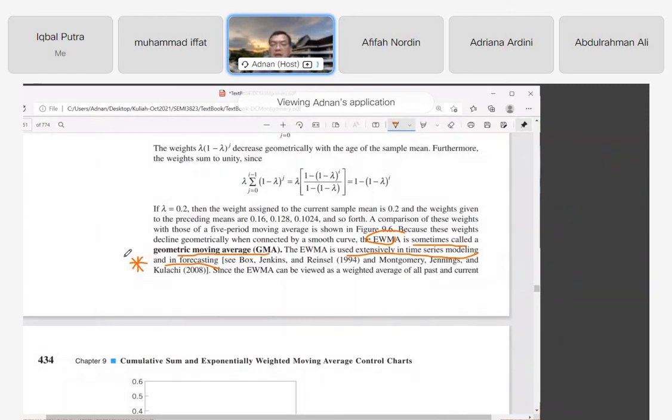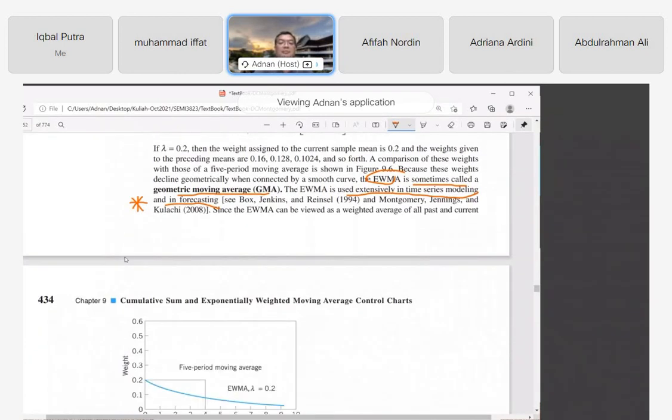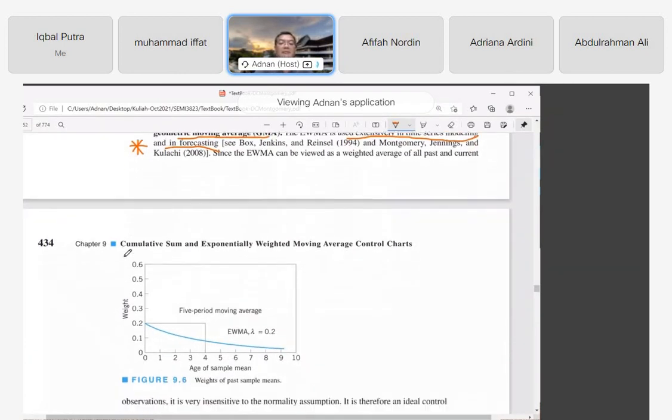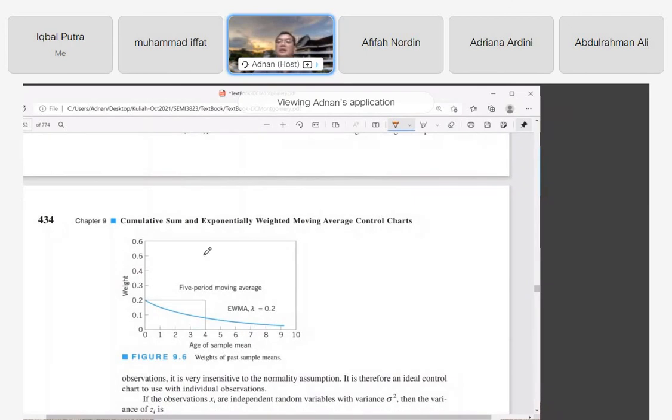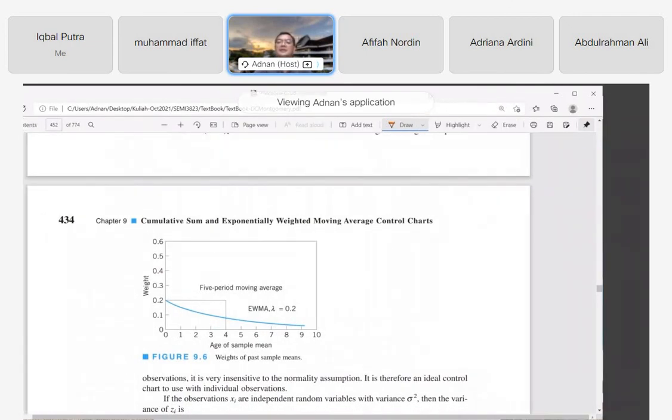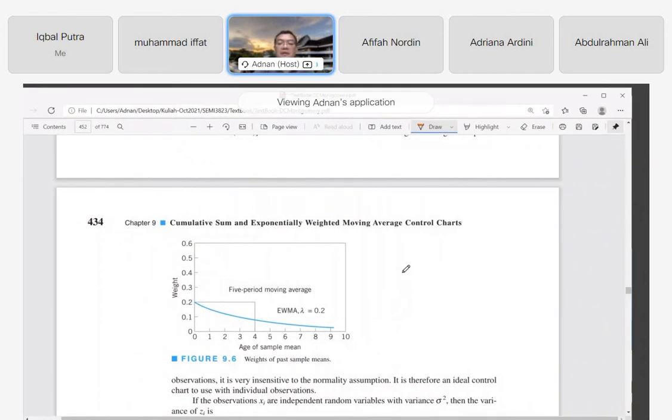For example, you are in the business of selling food. You want to forecast how much demand there will be for a certain type of food that you are selling. You can use this method to make forecasts so that you can prepare the quantity that you need to produce, so that you minimize the gap between the demand and supply.